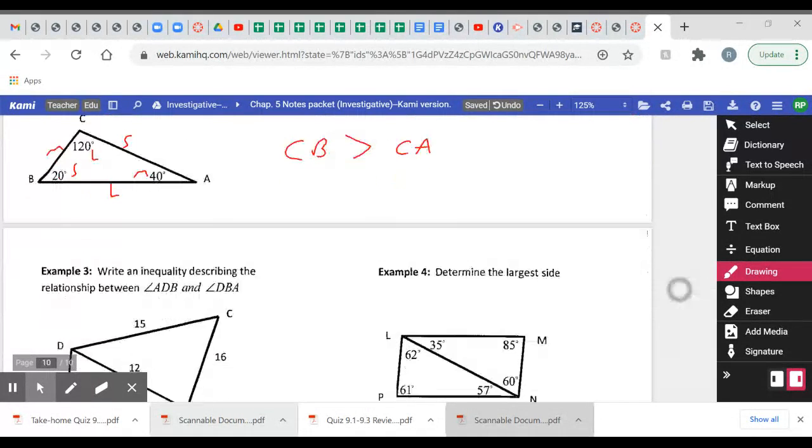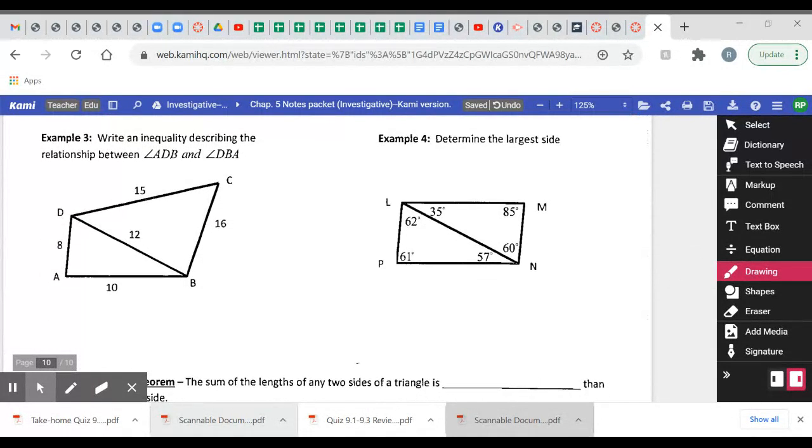Okay, if we look at the back side, just a little more here. On example 3, it says write an inequality describing the relationship between angle ADB and angle DBA. So in this case, they're referring to this angle and this angle. So if we want to write an inequality, I'm going to write both of those angles.